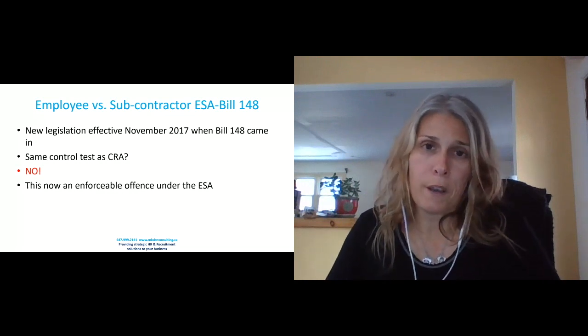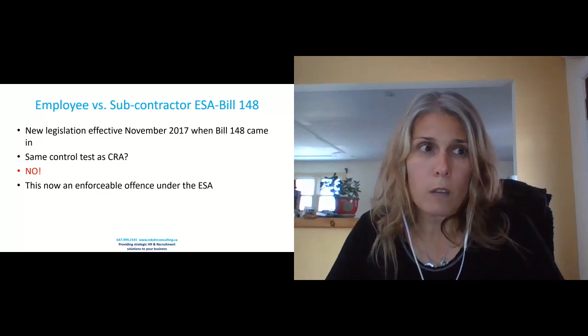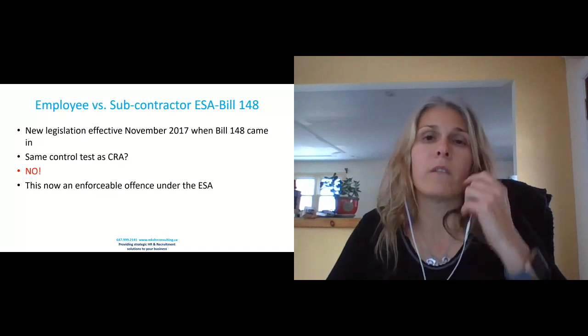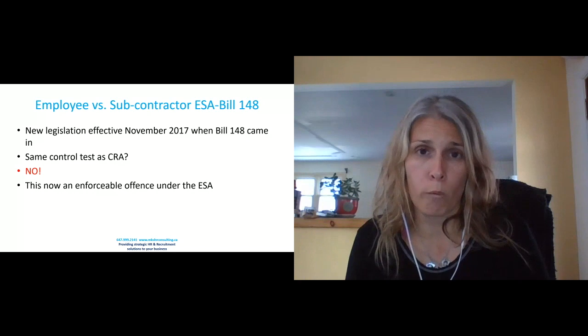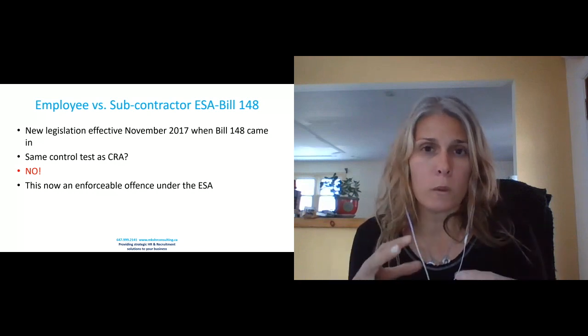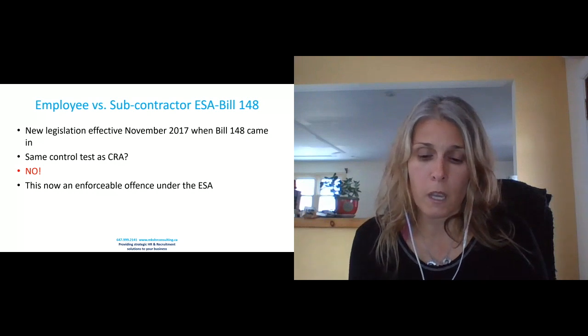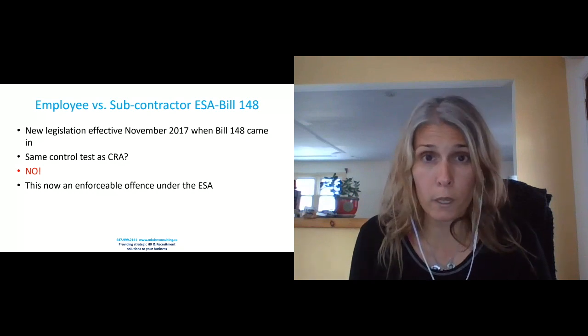Even though they don't have the same test like the CRA has, the key from an employment standards legislation perspective is that for them, it's who has control over that relationship. That's what they really look at when they're looking at these specific cases: is the business owner determining the work that's being done?